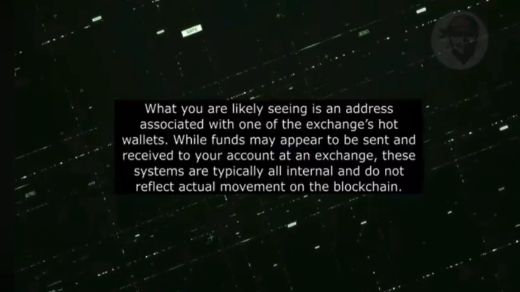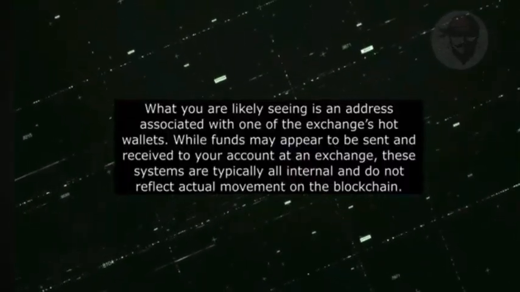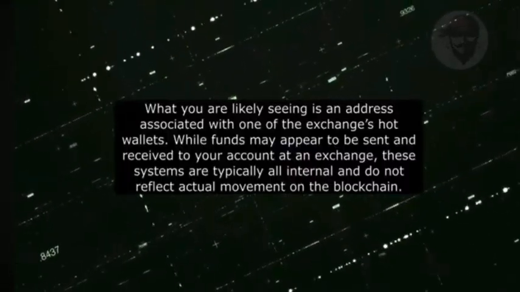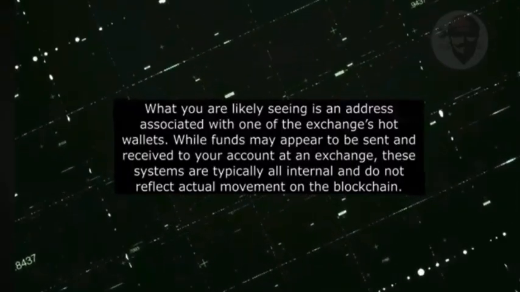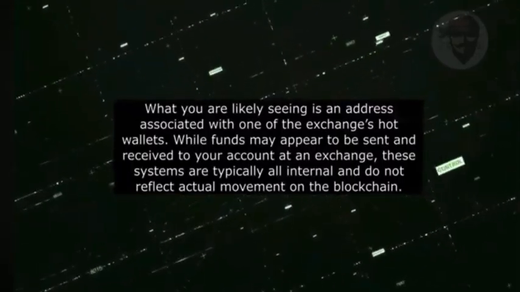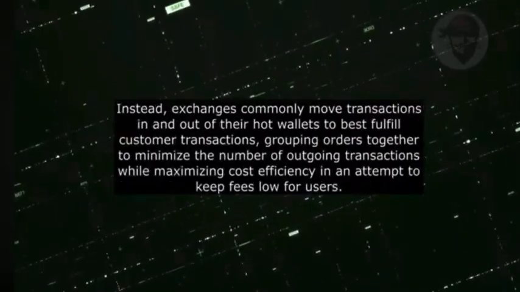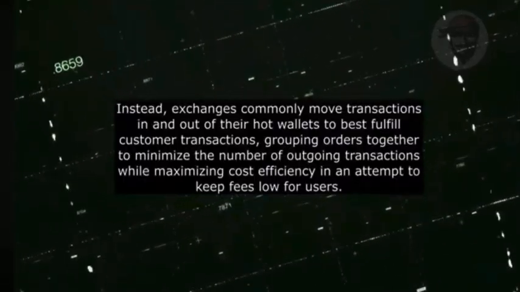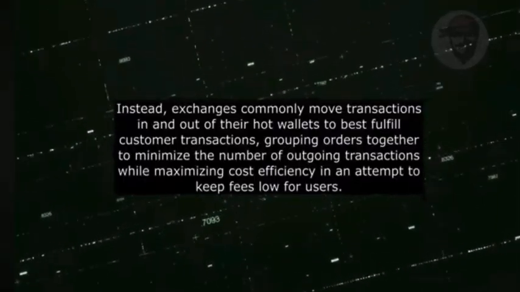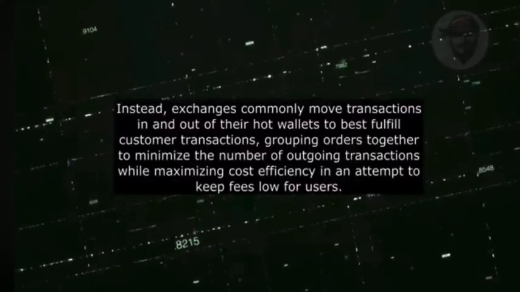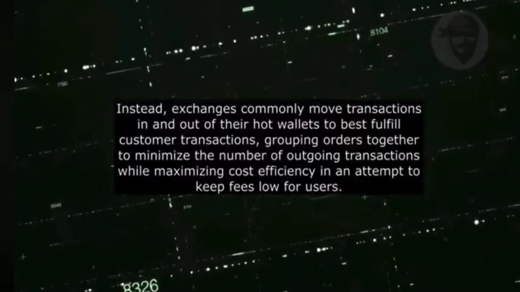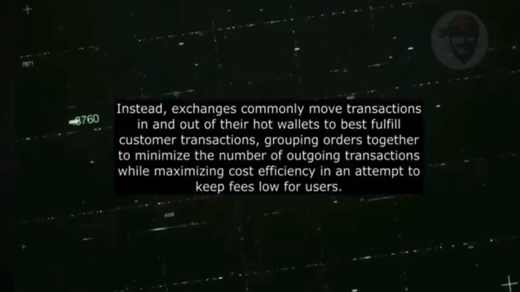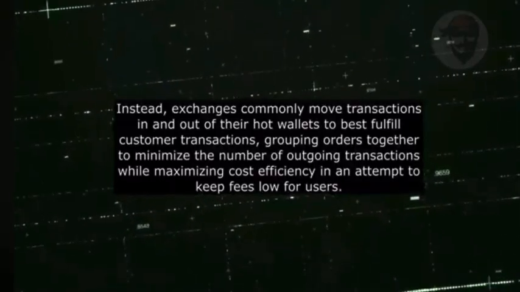While funds may appear to be sent and received to your account at an exchange, these systems are typically all internal and do not reflect actual movement on the blockchain. Instead, exchanges commonly move transactions in and out of their hot wallets to best fulfill customer transactions, grouping orders together to minimize the number of outgoing transactions while maximizing cost efficiency in an attempt to keep fees low for users.